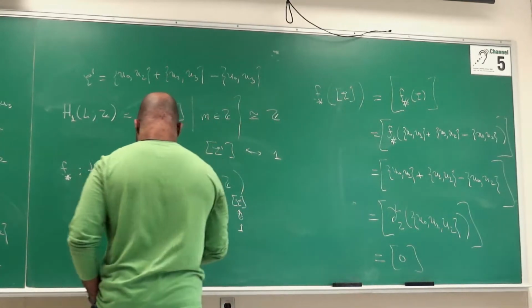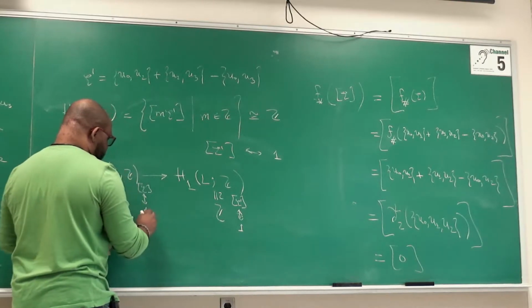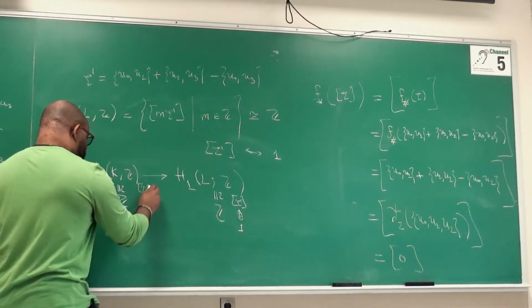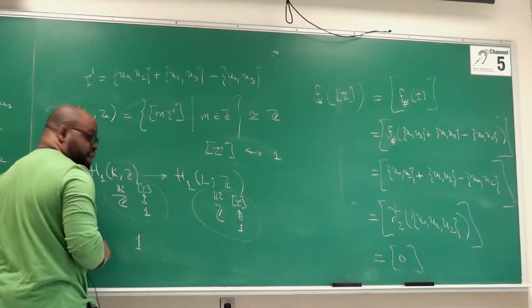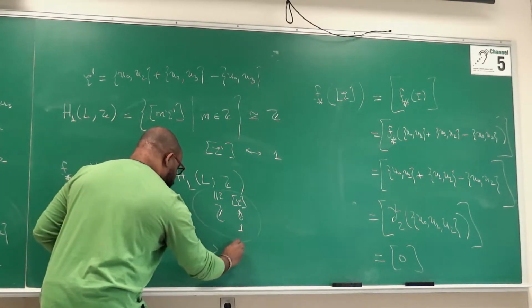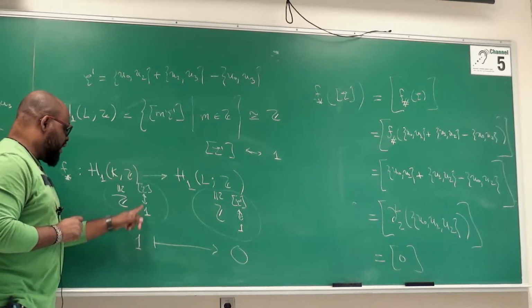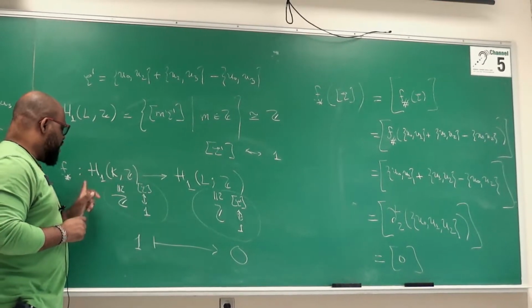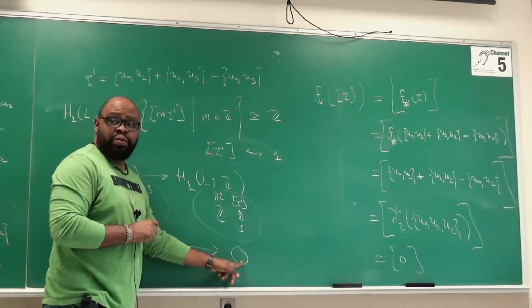The way I'm going to write that down in here is saying that my generator 1 is going to 0. So again, the generator is zeta, and I showed that F star sends zeta to the class of 0.